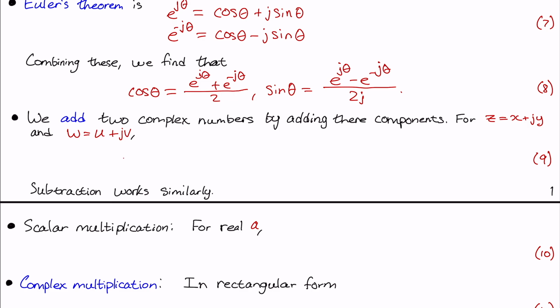So if we have z equals x plus jy and w equals u plus jv, we can add these together as z plus w is equal to x plus jy plus u plus jv, equal to x plus u plus j times y plus v. And subtraction works similarly as well.